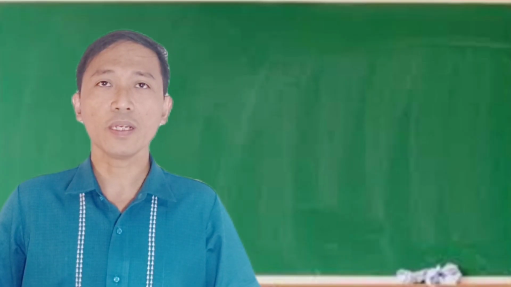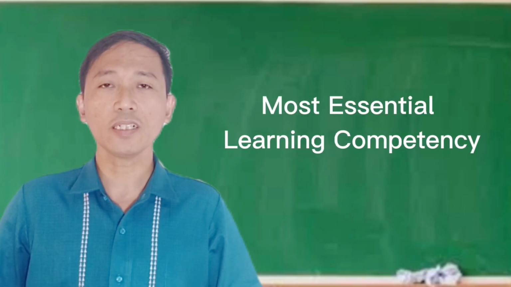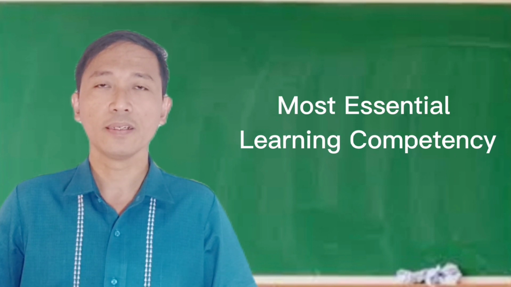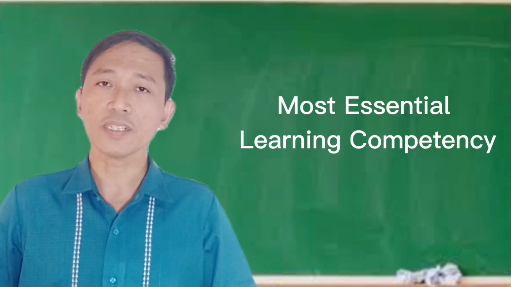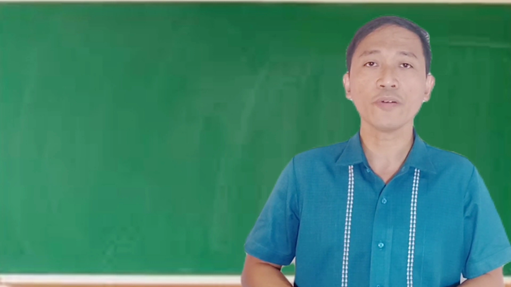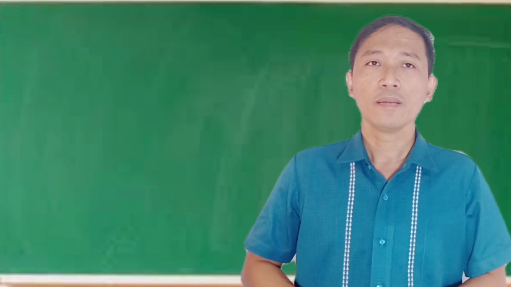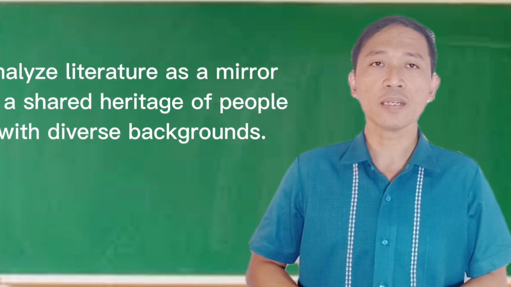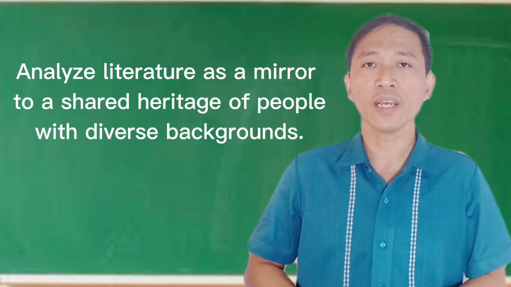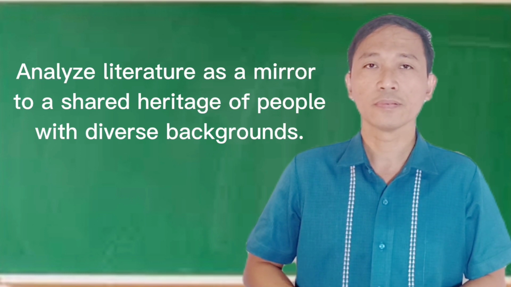This module is developed based on the most essential learning competency, or MELC, presented in the English 8 curriculum guide. The lesson found in this module is divided into independent units with their own activities and notes for further reading. This lesson helps you on how to analyze literature as a mirror to a shared heritage of people with diverse backgrounds.